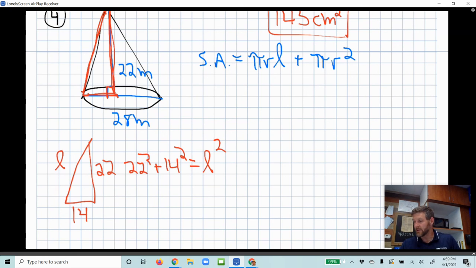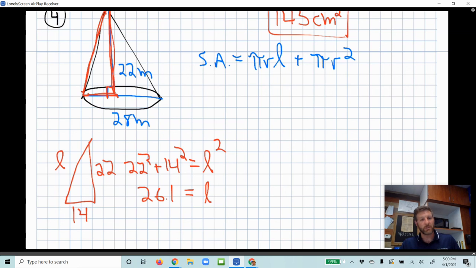Okay, and so in crunching those numbers, just for the sake of time, 22 squared plus 14 squared equals a slant height, after I square root it, of 26.1. I want to say it was something like 580 equals L squared, but again, just to not make this video too long, we've been doing Pythagorean theorem for a long time.